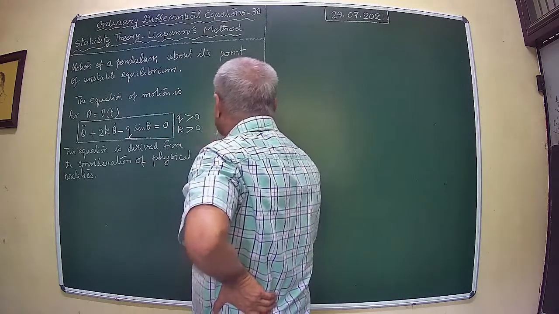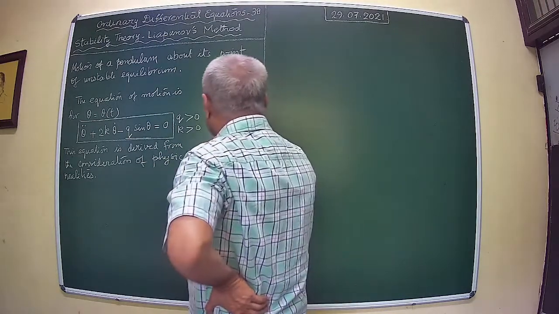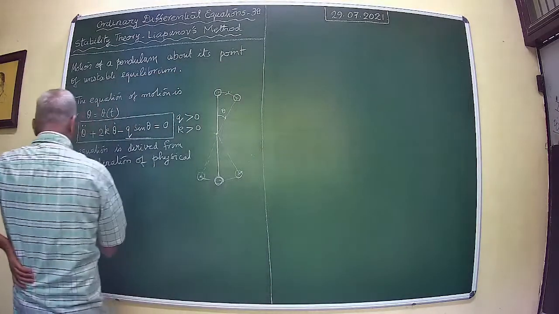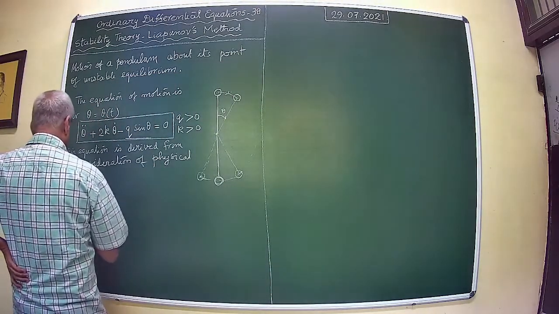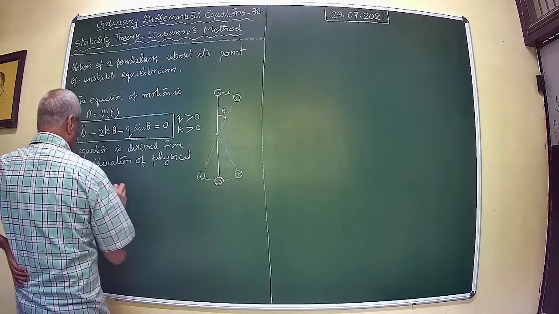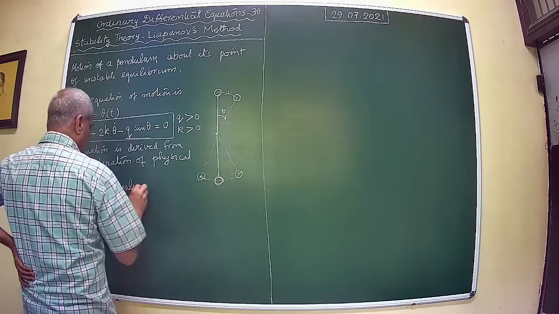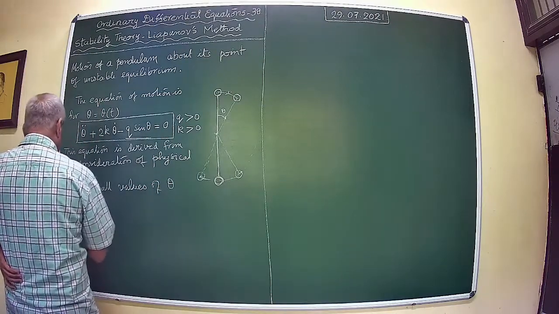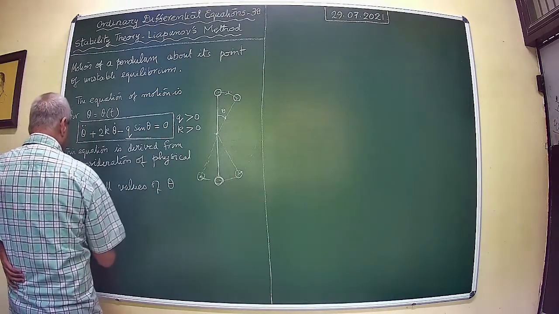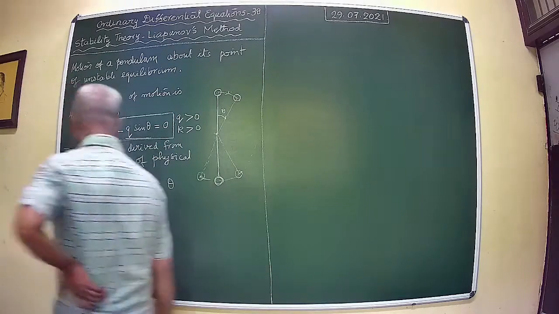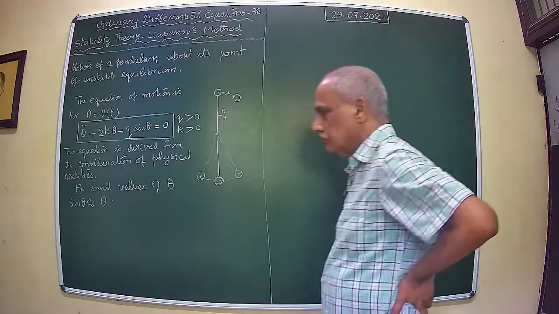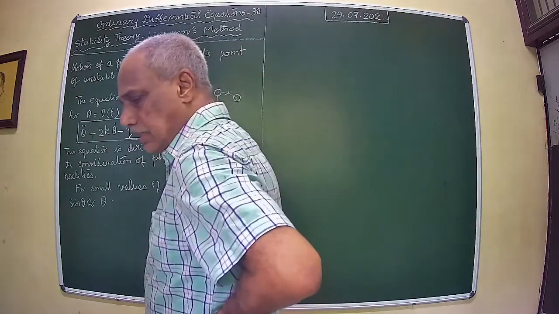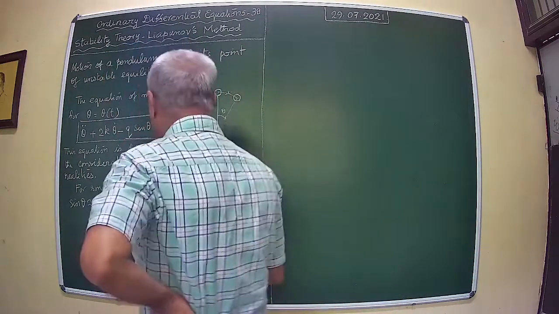Now what happens here? If you look at this problem, then you see that for small values of theta, sin theta is approximately equal to theta, nearly equal to theta. Now we look at this problem.